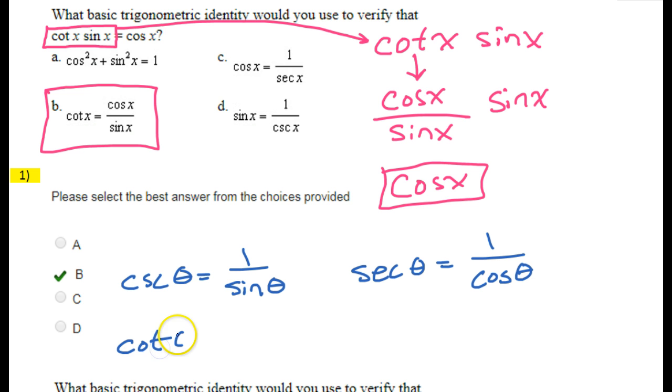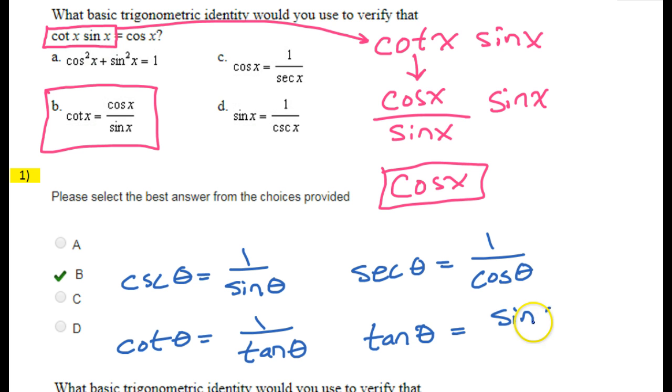Cotangent is the reciprocal of tangent. And while we're at it, tangent is the same thing as sine over cosine. Make sure you know these basic identities.